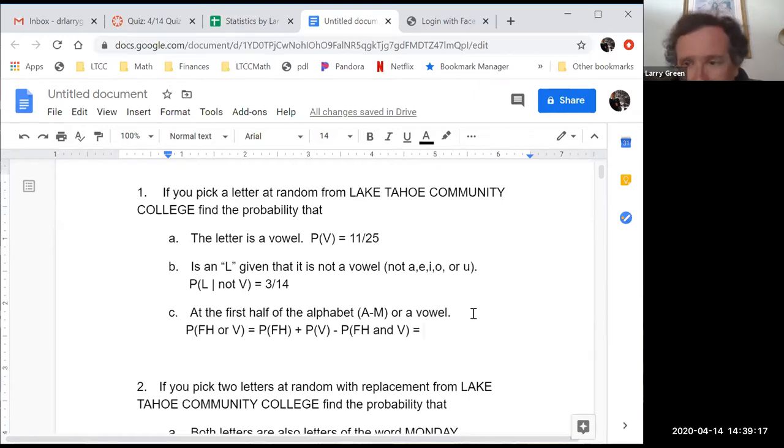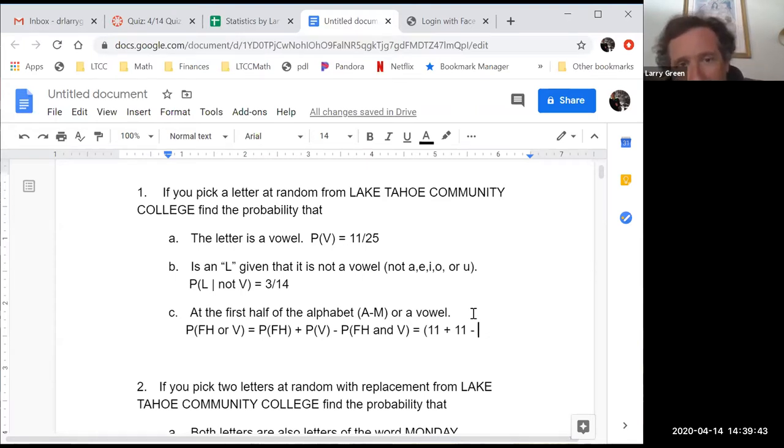And that's 11 of those, right? So it's going to be 11 plus the number of vowels, okay? And the number of vowels were 11 also, minus first half vowels. Well, first half vowels, that's the A's, E's, and I's. Is that clear?